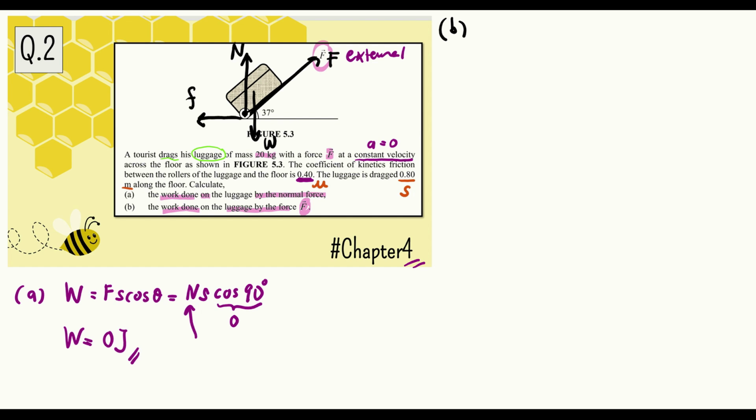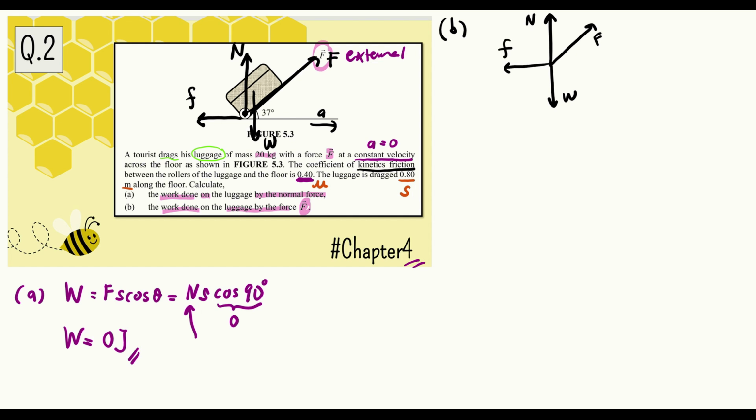The direction of friction is always opposite to the direction of motion. How do we know there is friction between the tire and the floor? Because we are given the coefficient of kinetic friction. So we put it in the free body diagram: external force, weight, normal, and friction.